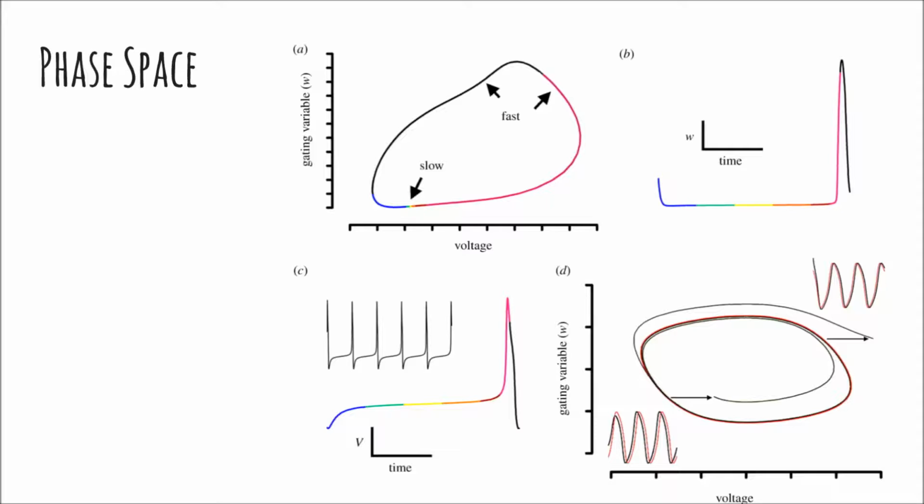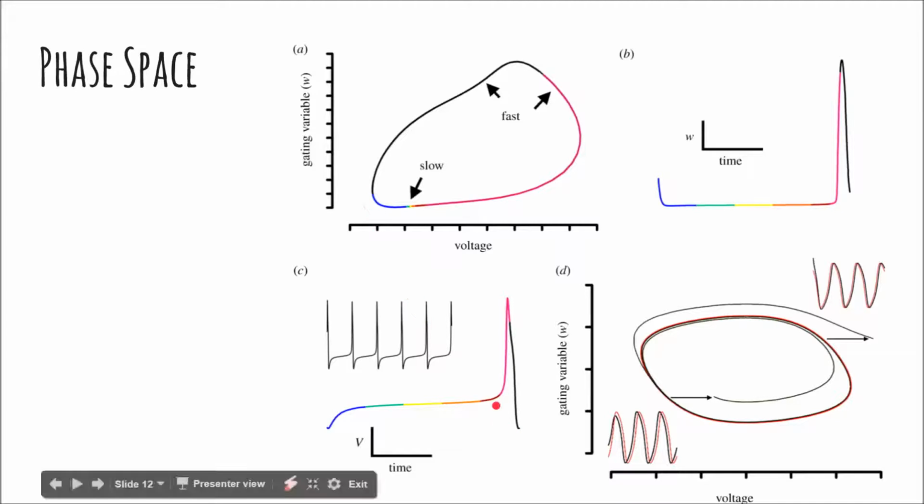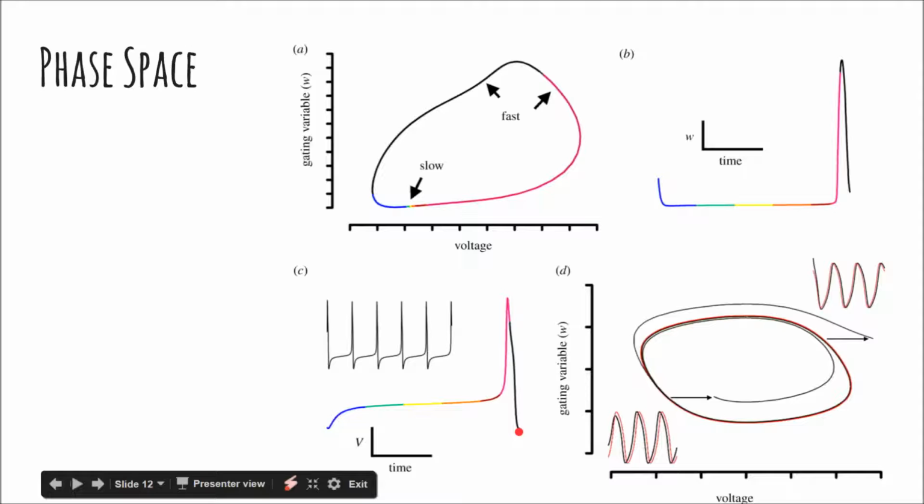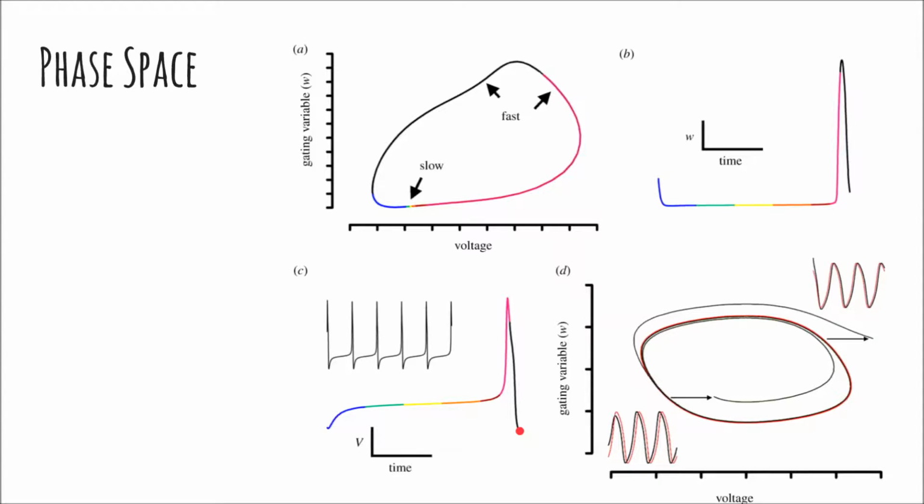And in fact, the system's movement through the space doesn't have to be at the same rate. So you can see that the red and black represents the longest actual drawn distance in the phase space, but actually represents only a small fraction of the actual time of the system.